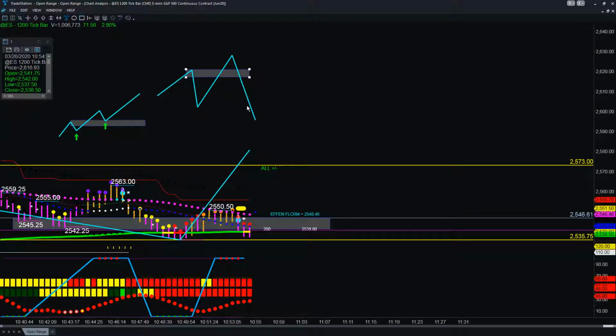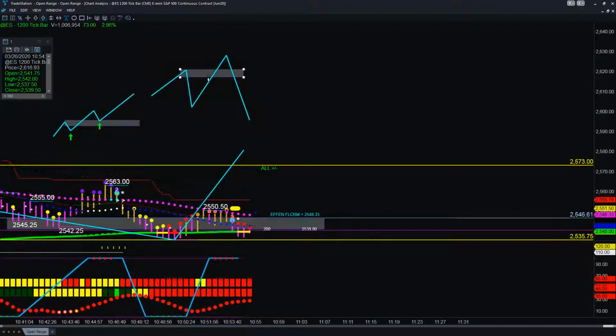So they buy the pullback. They look to buy it here. Not wrong, because that's what you should be doing. But bam, or in this case here, it'd be here. Buying the pullback, and then bam, you got stopped out.